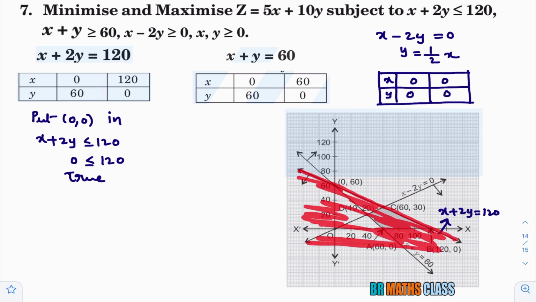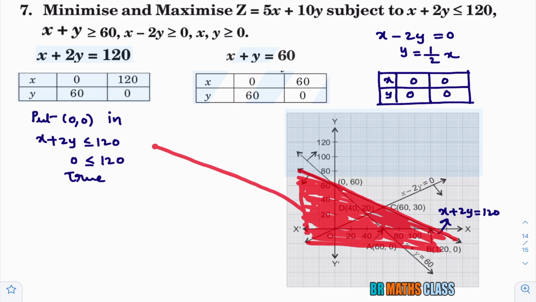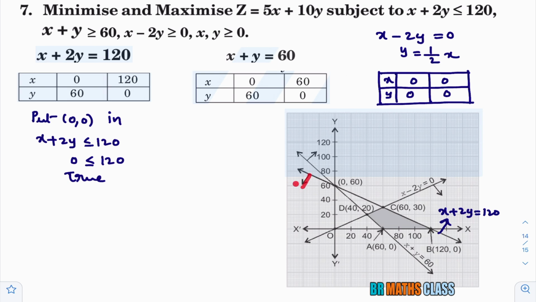So if we take this part for this line, that is the solution of this inequality. If we take any point in this region and substitute in this inequality, it satisfies. This is the solution of this inequality. Keep in mind that this side part, you see the arrow mark here, is the shaded part for this line.